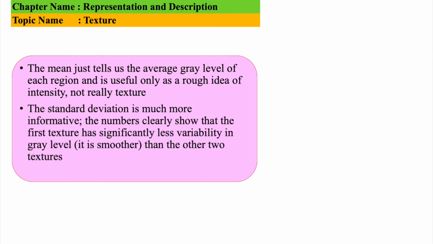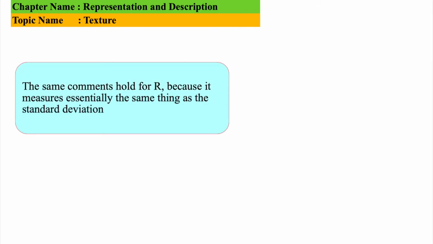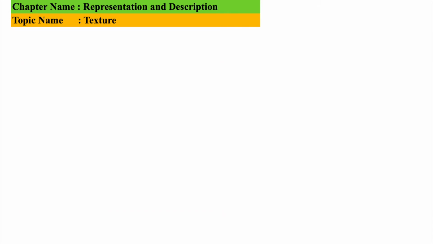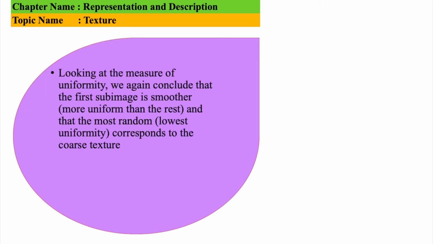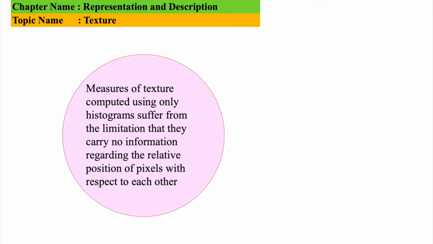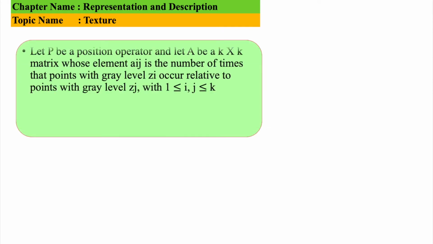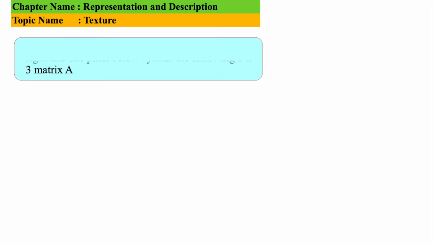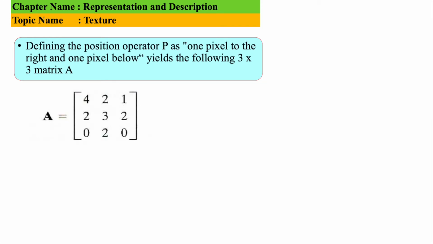The third is the inverse element difference moment of order k, given as again two summation operations, one over i and one over j, of C suffix ij divided by i minus j to the power k, where i and j are unequal.